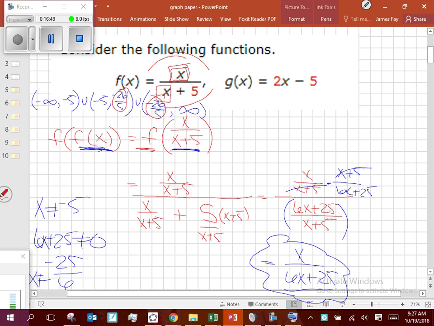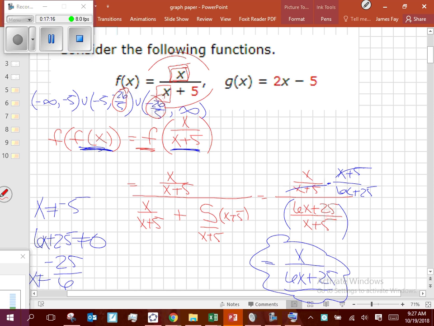The reason I want you to see this is because when I did the first domain of f and the first domain of g, we saw real numbers and x cannot be 5. I don't want you to look at those two domains and think those are the only things that are going to be problematic for my composition. New restrictions might develop. Does that make sense? And my fear is that we get in a habit, just because of the way they're presented.